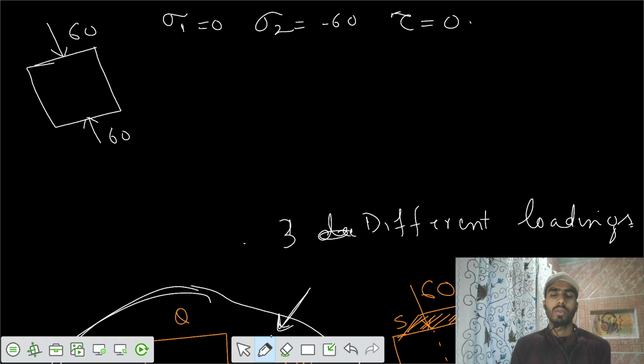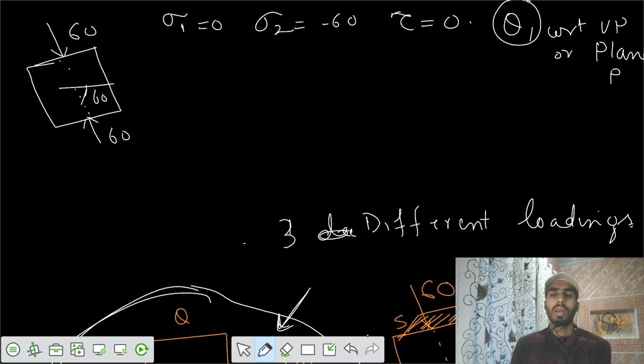If tau is 0, then this is a principal plane, or the principal stress, and the angle it makes with the horizontal is 60 degrees. We are worried about theta p, the angle it makes with the vertical plane, or with respect to plane P, that was vertical.